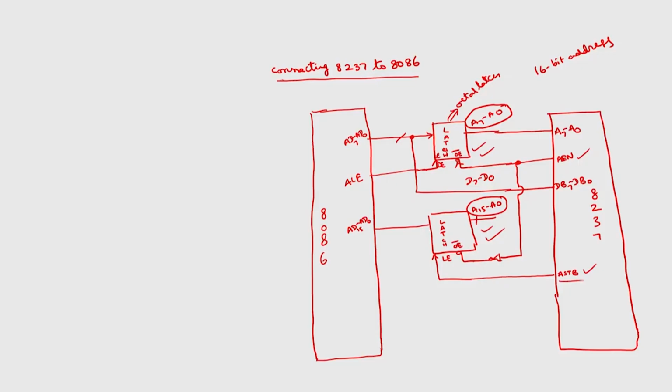This address strobe is basically used for demultiplexing the higher order bus, and AEN is of course required for both the buses, and the lower order bus will be demultiplexed by using address latch enable. The remaining signals are directly connected, ready to ready, reset to reset. These are ready, this is reset.